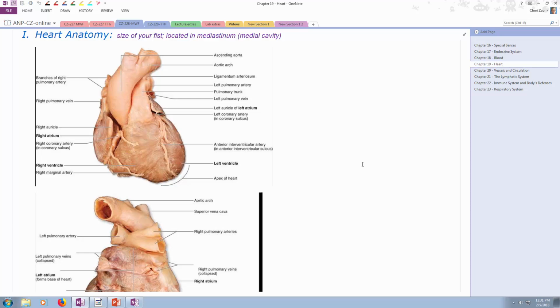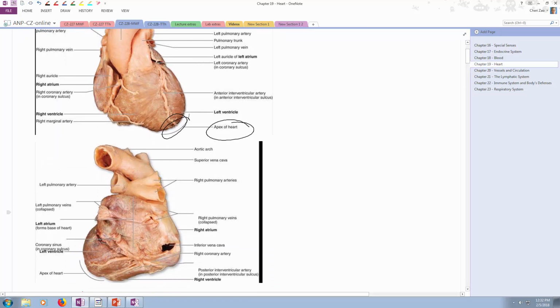So this is our anterior view, and what's important is the apex of the heart is the pointy part of the heart, right? And the apex is always the same whether you're looking at it anteriorly or posteriorly. So it's the pointy part of the heart, and it's common to both sides. The base of the heart, which is interesting, is where our great vessels emanate from or go into.